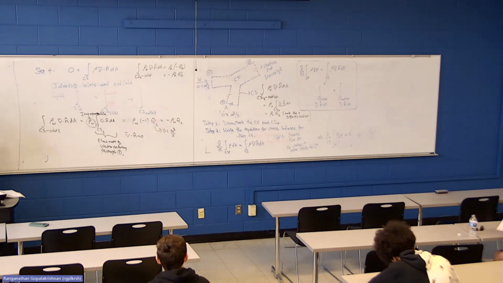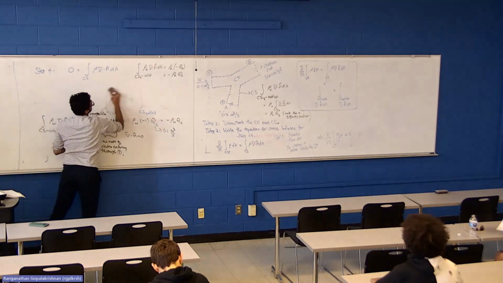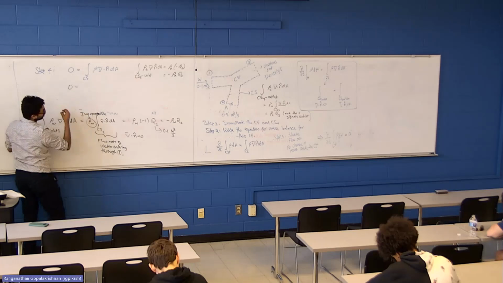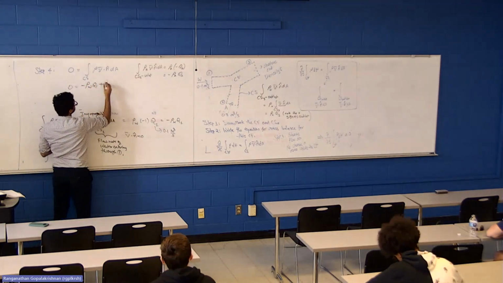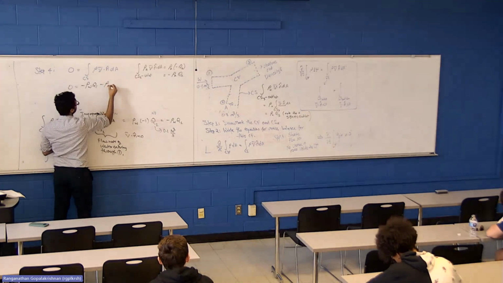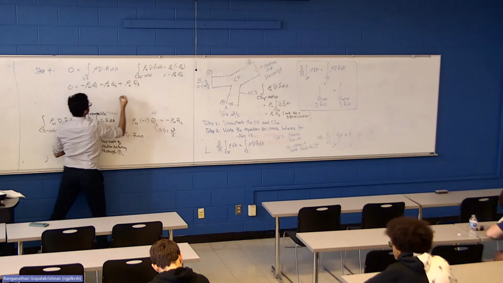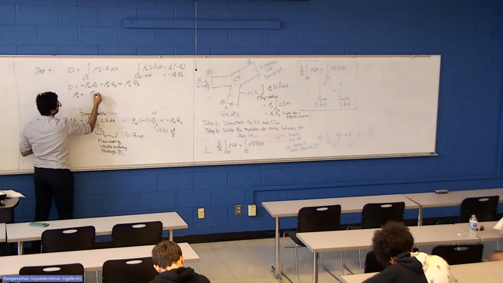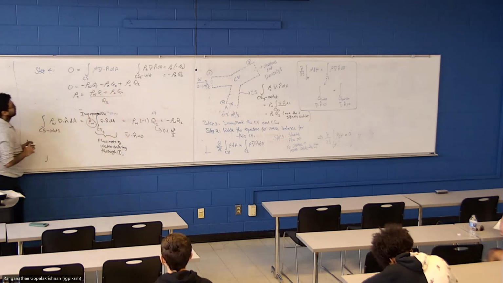Okay. So let's bring this together here. I have 0 equal to minus rho water Q1 minus rho alcohol Q2 plus rho unknown Q3. So rho unknown is rho water Q1 plus rho alcohol Q2 divided by Q3.